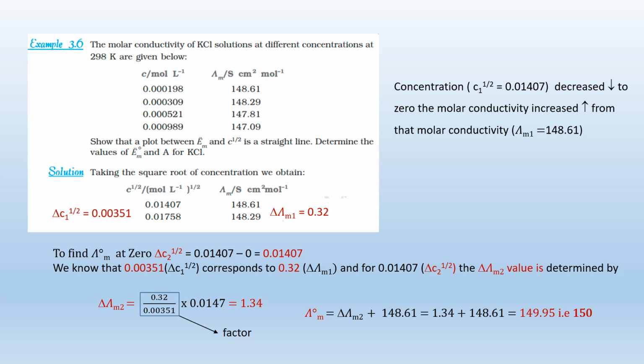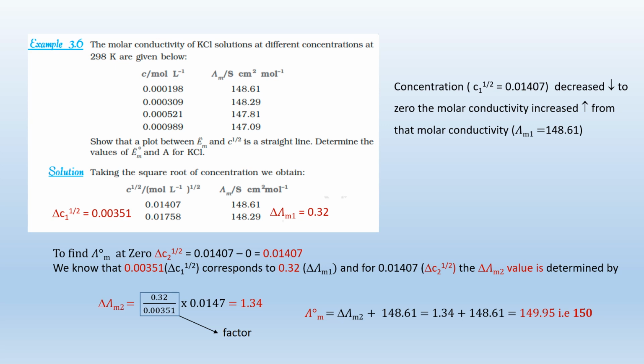In the straight line equation, m is a factor, the delta y by delta x, right? Here the delta y is delta lambda m. The delta x is delta c. I have calculated the value for the delta c1 and the delta lambda m1 values.